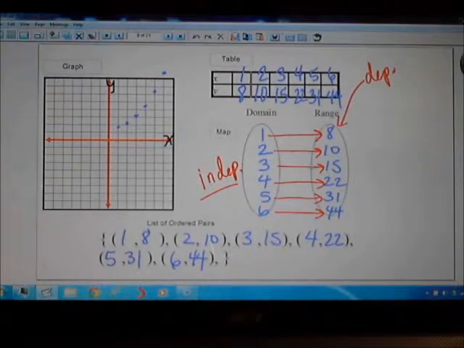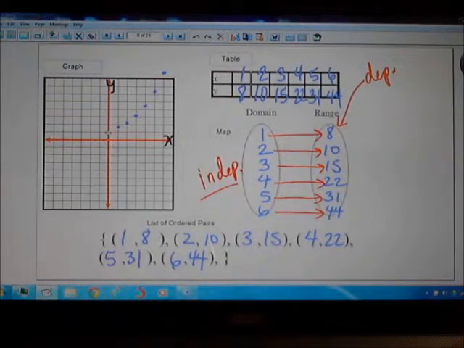Usually they're not all lined up perfectly. You'll see them in your book with arrows kind of crisscrossing each other all different ways, and we will be talking about some other terms, like one-to-one and onto functions or relations. And then here's your list of ordered pairs, and then here's the graph representation.